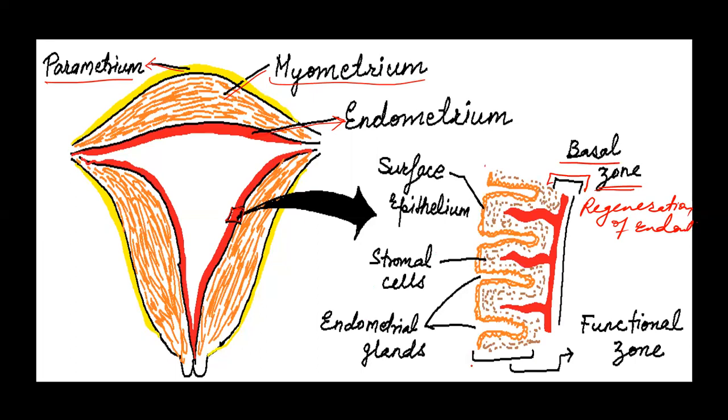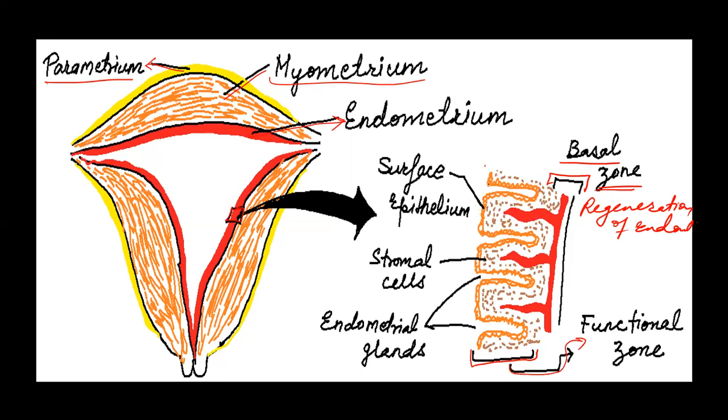And this upper part, or you can say the superficial part, is the functional zone, the shedding of which occurs during each menstrual cycle.